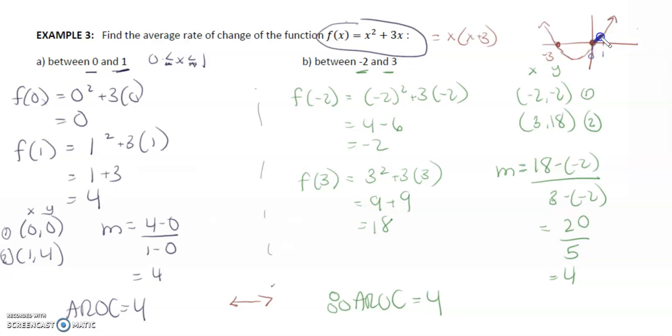The average rate of change here is the same as the average rate of change between, for example, -2 and 3, which would be from here to wherever that goes up there. I didn't draw it big enough. Here we go. Those are going to have the same rates of change.